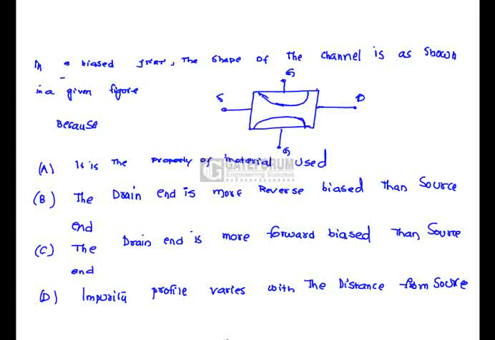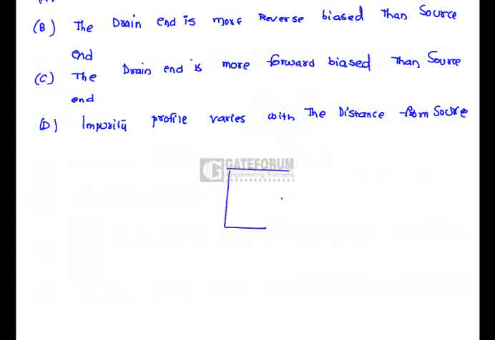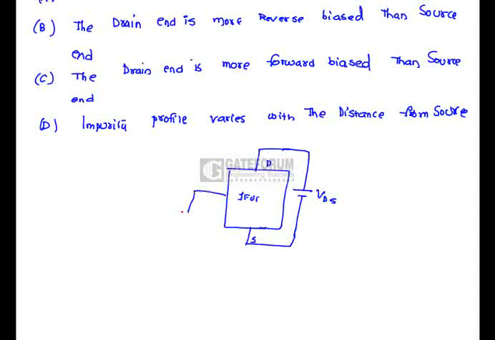It is because if we take any JFET, this is drain, this is source. Suppose we assume this is an n-channel JFET, here this is VDS, this is VGS.